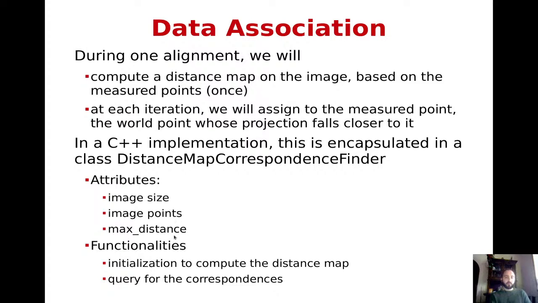And then I have to define a threshold, which is max distance, because of course I don't want to associate points which are really far from each other. So in this sense, I'm performing gating while I'm using the distance map. I will not use best friend and lowly best friend because it's not required for this example, but by just thresholding, we will see that everything is fine in our case.